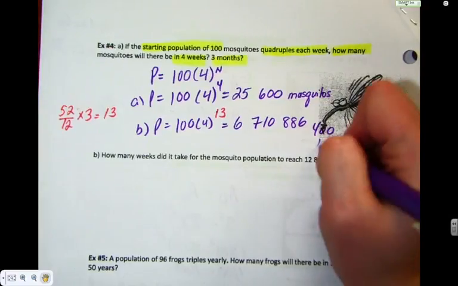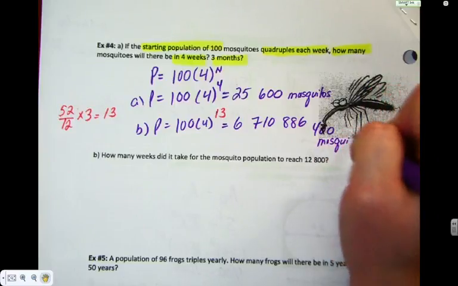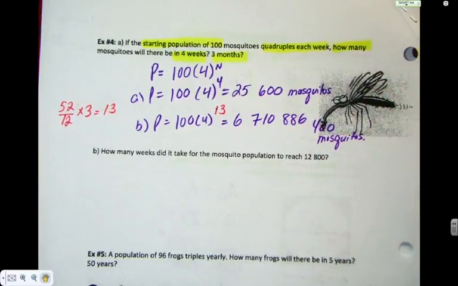That's crazy. Assuming we don't spray, which is why we spray. Is it 400 exact? Oh, it is 400 exact.